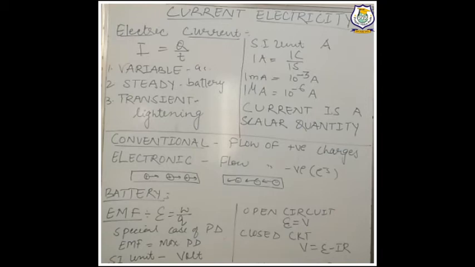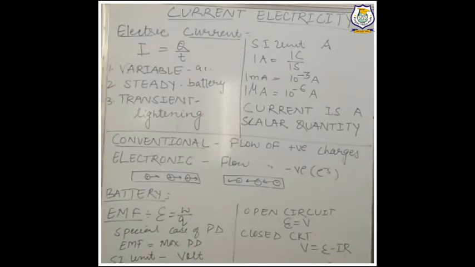Now let's discuss something about the battery. What is the importance, what is the function, what is the significance of a battery when we connect it in any electric circuit? So a battery, as we know, consists of some chemical inside it, and there are two terminals, positive and negative.